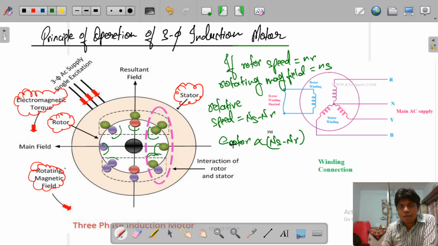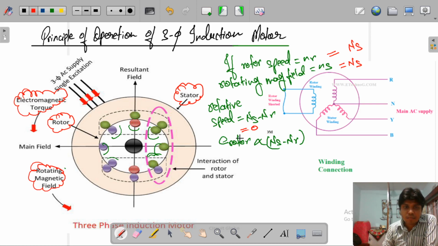Then we will discuss what happens when the rotor rotates at synchronous speed. The speed of the rotating magnetic field is fixed, a constant speed, always rotating at synchronous speed. So the relative speed becomes 0.